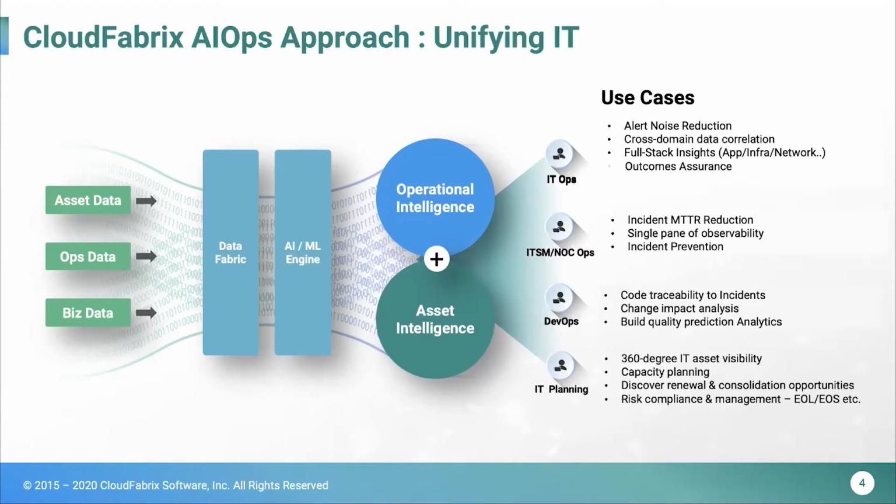And the second is asset intelligence, mainly on the lifecycle management of the assets, where they are from an end-of-life, end-of-sale, capacity utilization perspective, and so on. But specifically on the operational intelligence, we are focused on alert noise reduction, mean time to repair reduction, and most importantly, bringing all these pieces together in one place. That's what this webinar is about: incident rooms.